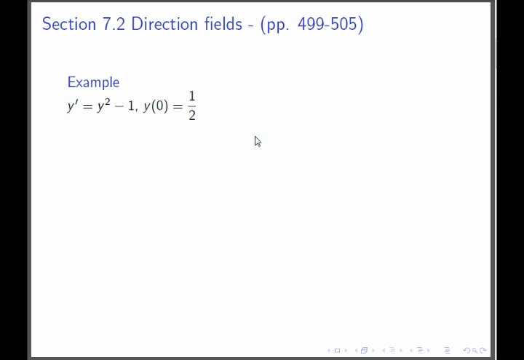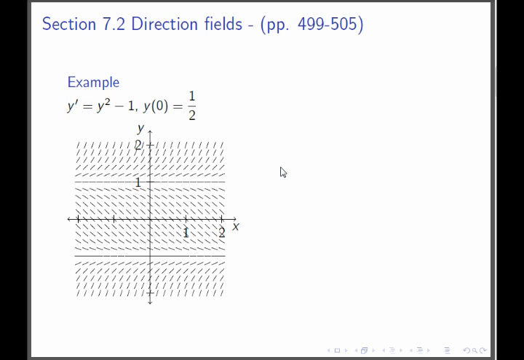at its direction field. This is just a coordinate system decorated with a bunch of line segments at various locations throughout, and each line segment has the slope determined by the differential equation. Notice that at all the points where y equals 0, the x-axis here, all of those line segments have slope equal to -1 because 0 squared minus 1 is -1, which means that y prime is -1 whenever y equals 0.